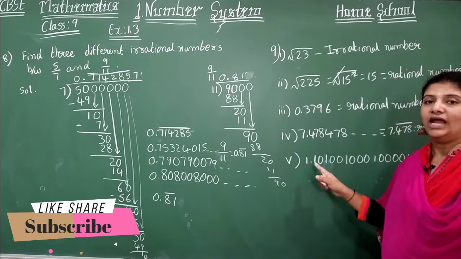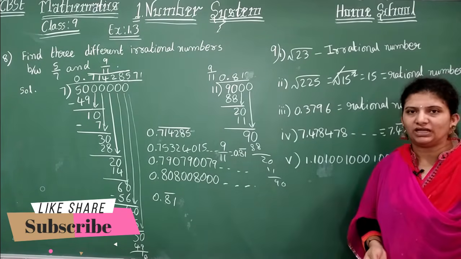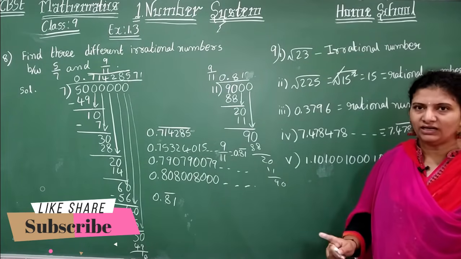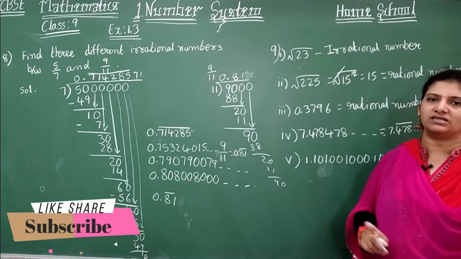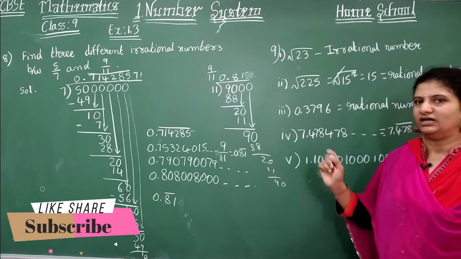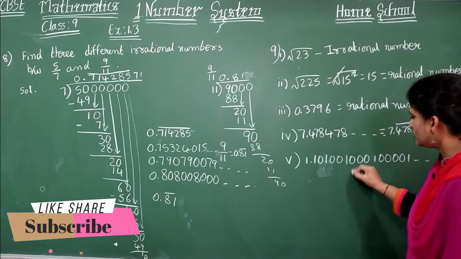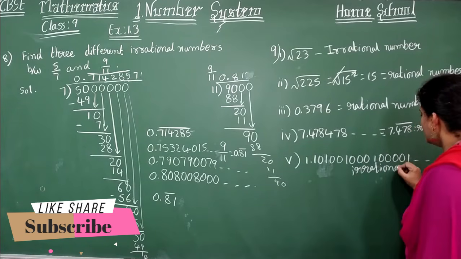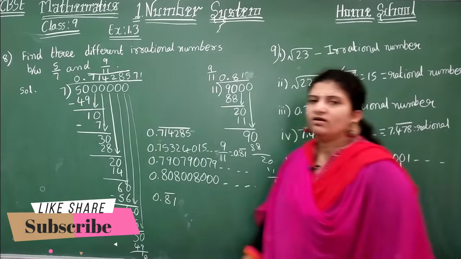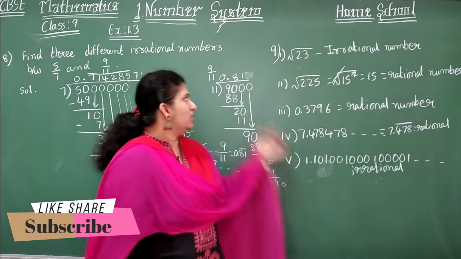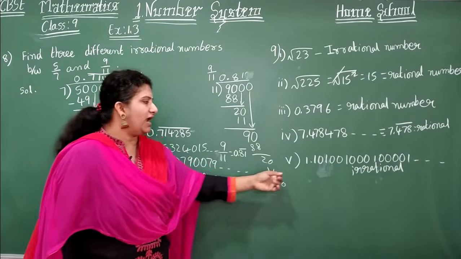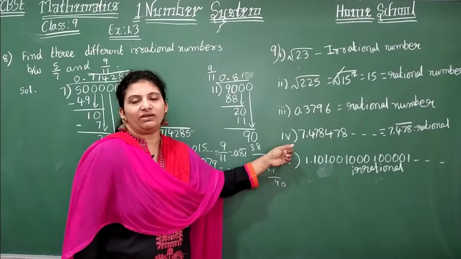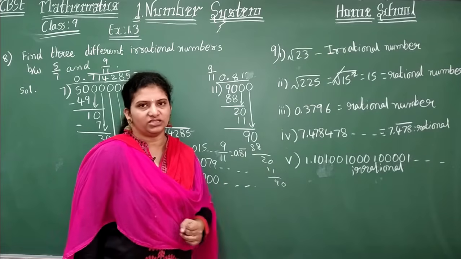And then it is not repeating. So non-terminating, non-repeating decimals are called as irrational decimals or irrational numbers. Okay, this is also called as irrational. Finally, in this question, you have first one and last one irrational, and the three between those are rational.